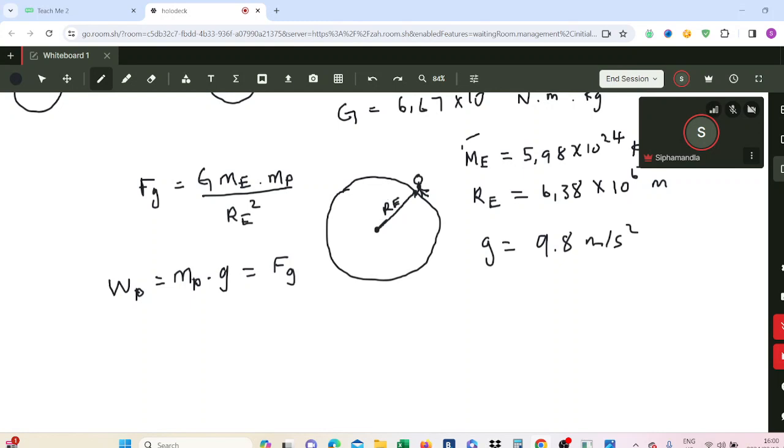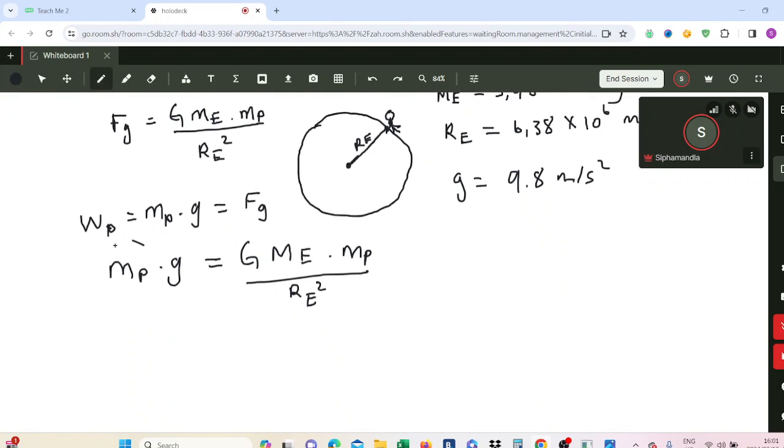Okay, so if I substitute, the mass of the person times the gravitational acceleration is equal to G times the mass of the earth times the mass of the person over the radius of the earth squared.